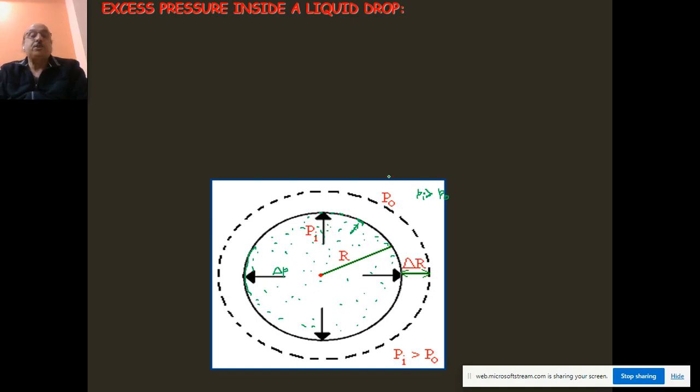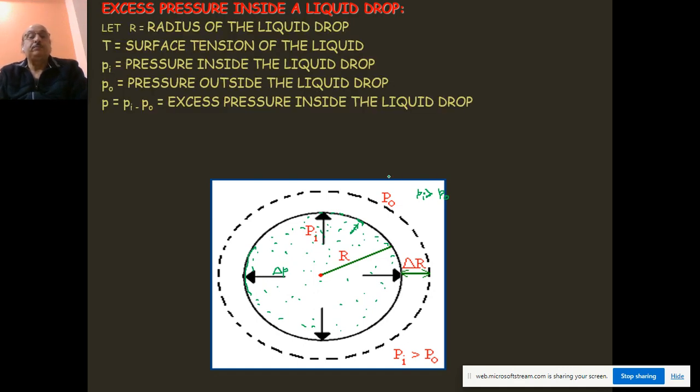If R is the radius of the liquid drop and T is the surface tension, Pi is the inside pressure and Po is the outside pressure, then the excess pressure, we may write it as P or as delta P as well. The excess pressure will be Pi minus Po. We have to find out this excess pressure.